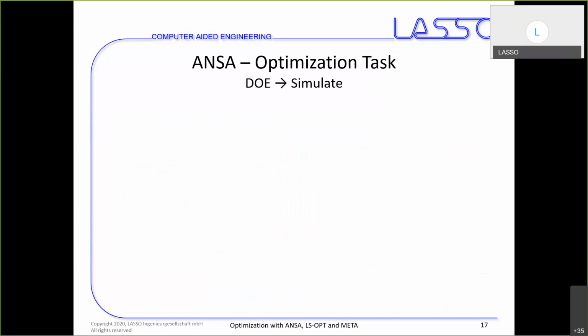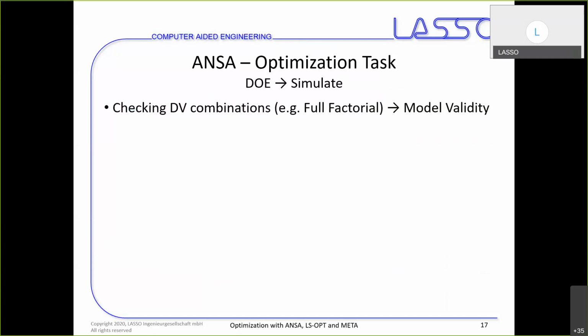All right. So that's actually pretty much all for the optimization task, or at least for the design variables. This optimization tool has a simulate functionality. This is quite helpful for checking combinations of design variables.